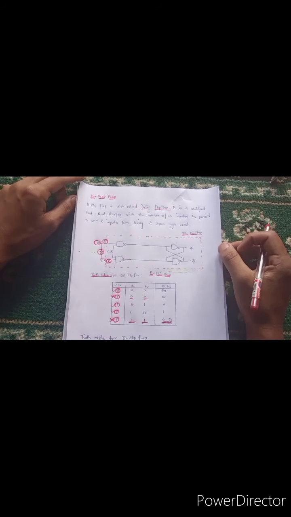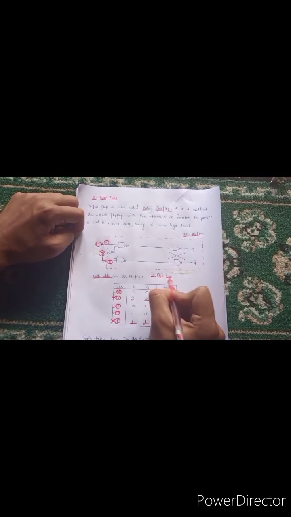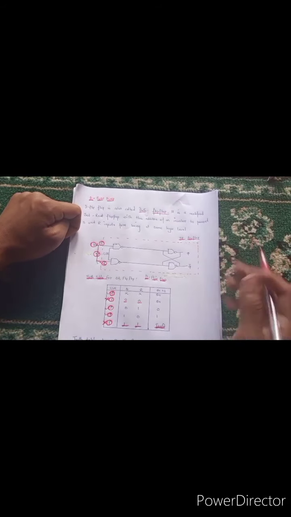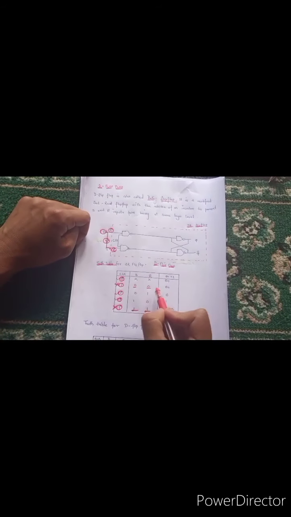Now, in order to understand the D flip-flop, first we should have knowledge about SR flip-flop and its truth table. This portion is called the logic diagram of SR flip-flop, and this is the truth table of SR flip-flop.